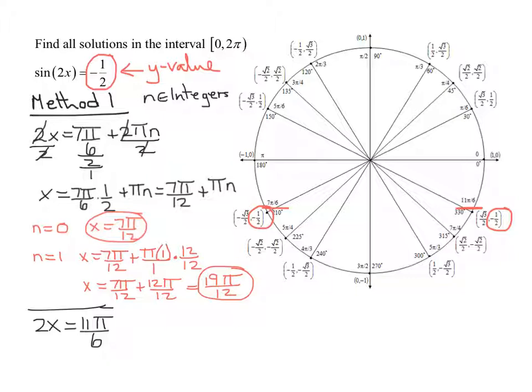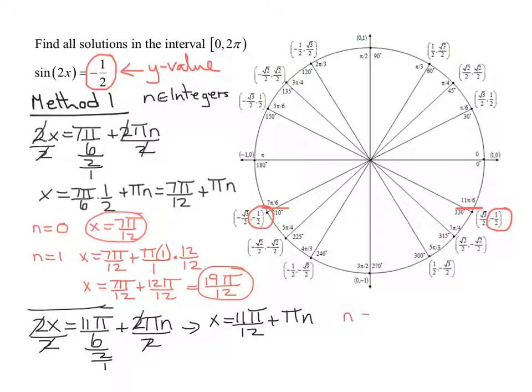Now all we have to do is the exact same procedure for 2x equals 11 pi over 6. We're going to add 2 pi n to it. We're going to divide all parts by 2, just like we did above. And so I'm going to get x is 11 pi over 12 plus pi n. And then when I put in n equals 0, I'm going to get x is 11 pi over 12.